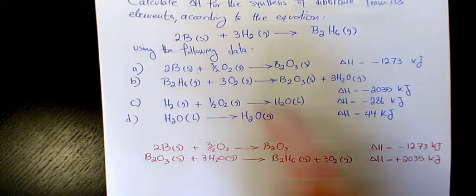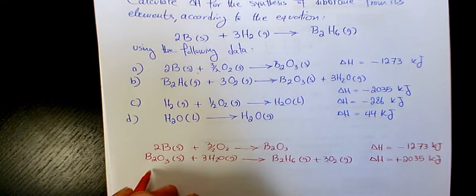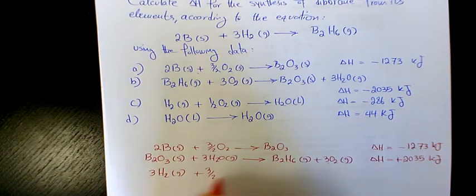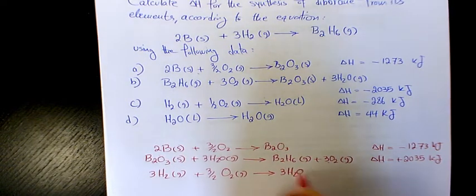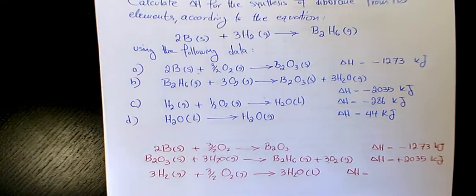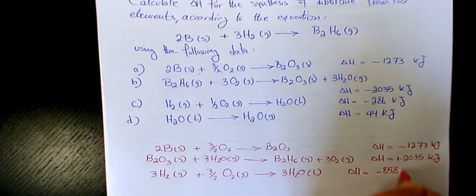So I'm gonna multiply the third reaction C by 3. So it's gonna be 3H2 in gas phase plus 3/2 oxygen gas phase gives 3 H2O liquid. So delta H is going to be 3 times negative 286. That's going to be negative 858 kilojoule.